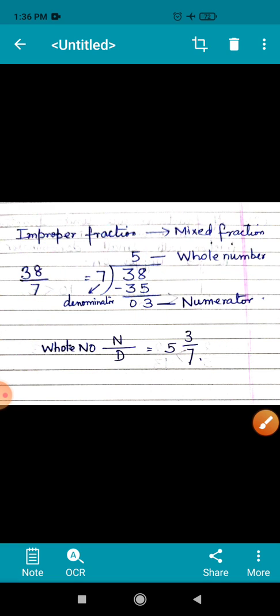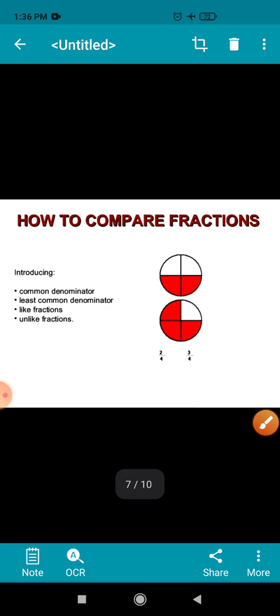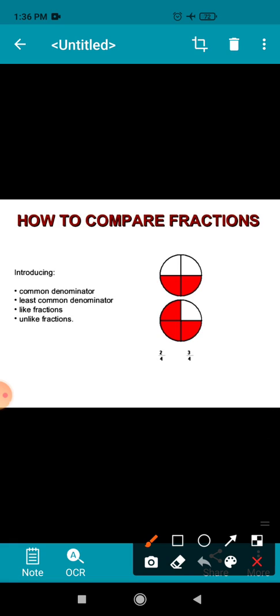Now, let us see how we can compare two different types of fractions. Children, here you can see there are two pictures in front of you. The first picture is divided into 4 equal parts, and the second picture is also divided into 4 equal parts. In the first picture, 2 parts are colored out of 4, and in the second picture 3 parts are colored out of 4.